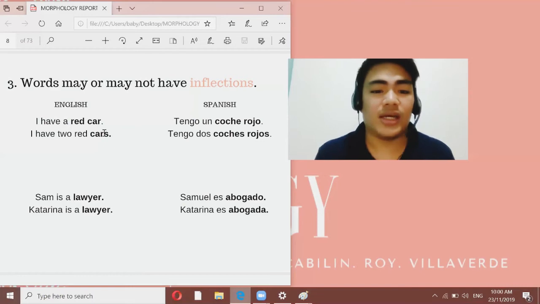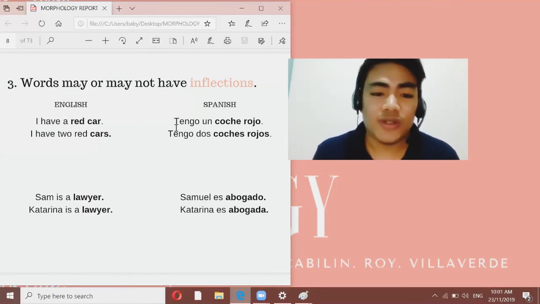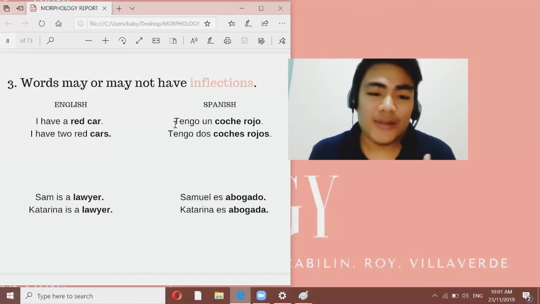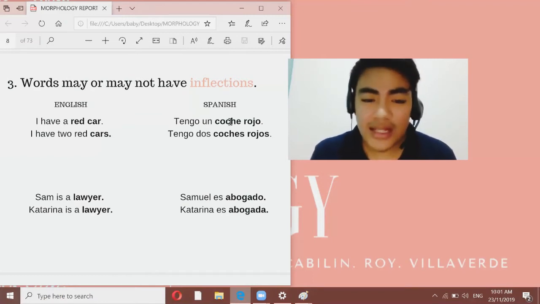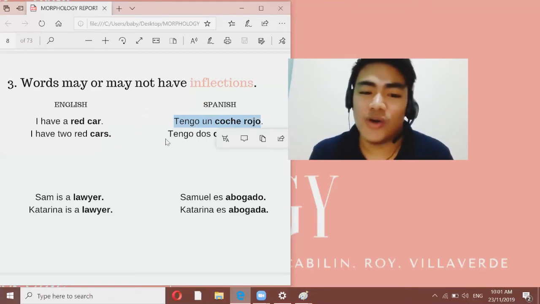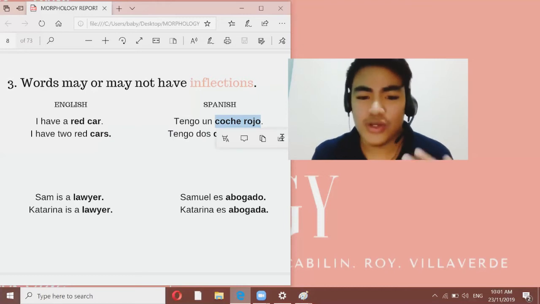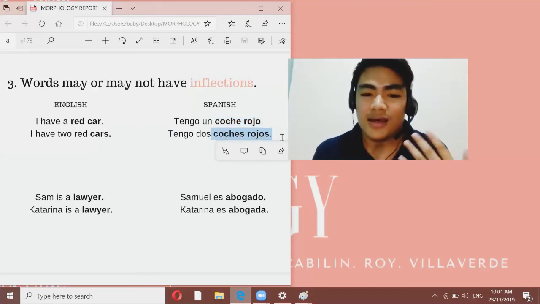That's the change. Now, let's turn our attention to the Spanish translation. Let me read. I'll try my best to read it in Spanish. So, tengo un coche rojo and tengo dos coches rojos. So, from the phrases coche rojo and coches rojos, you can see that there is also a pluralization going on.